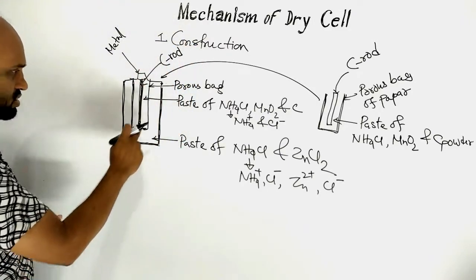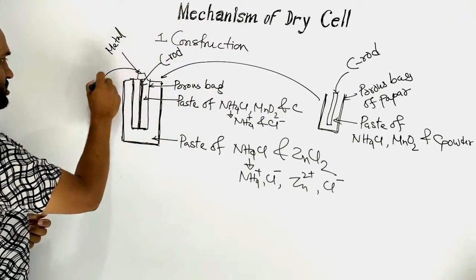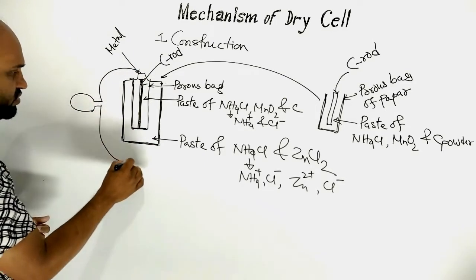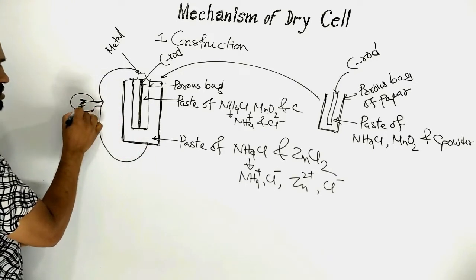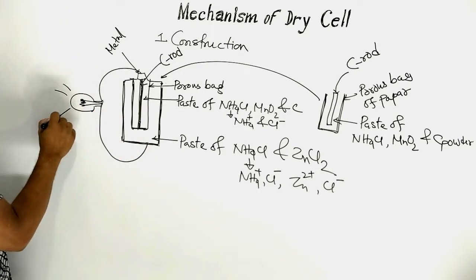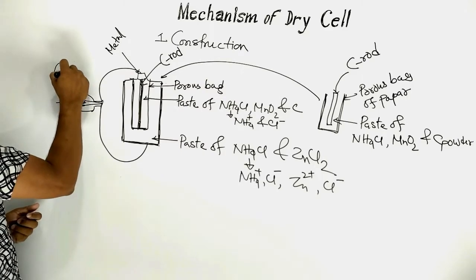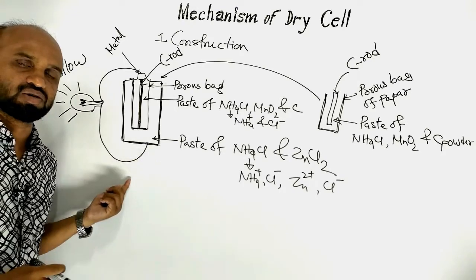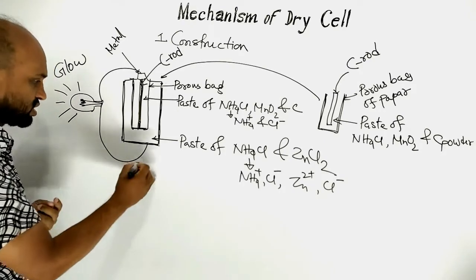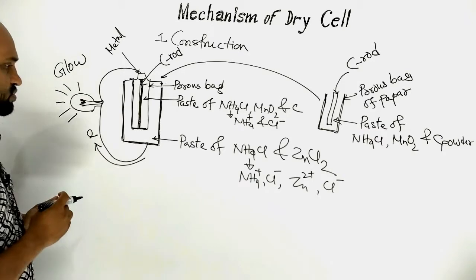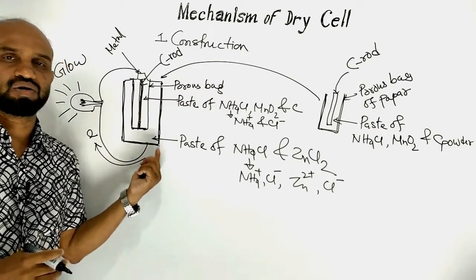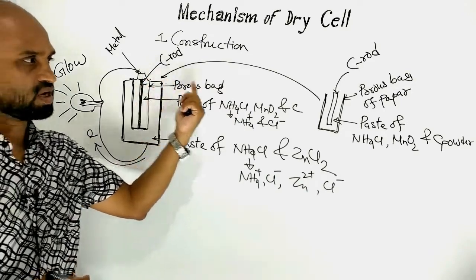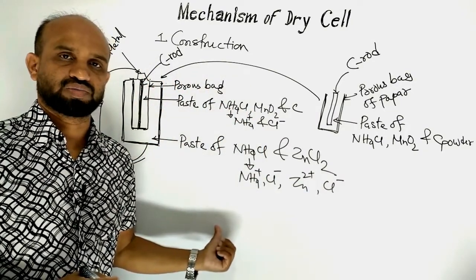When this cell is connected to a bulb, then this bulb will glow. That means through this wire electrons are flowing from this side or from this side. We will know this at the time of the mechanism of the dry cell.